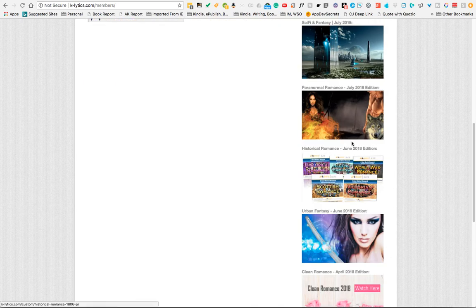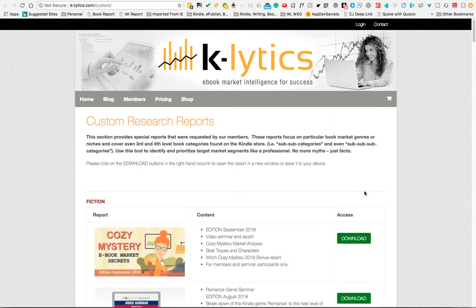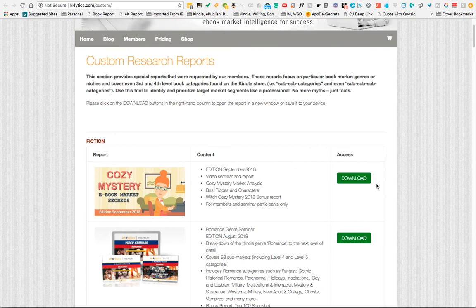You can see them over here on the right hand side. When you open up the custom research, this is what it looks like. And you'll see that all of these custom research reports allow you to download them. And they have videos, and you get access to the documents, the PDFs used in the videos.